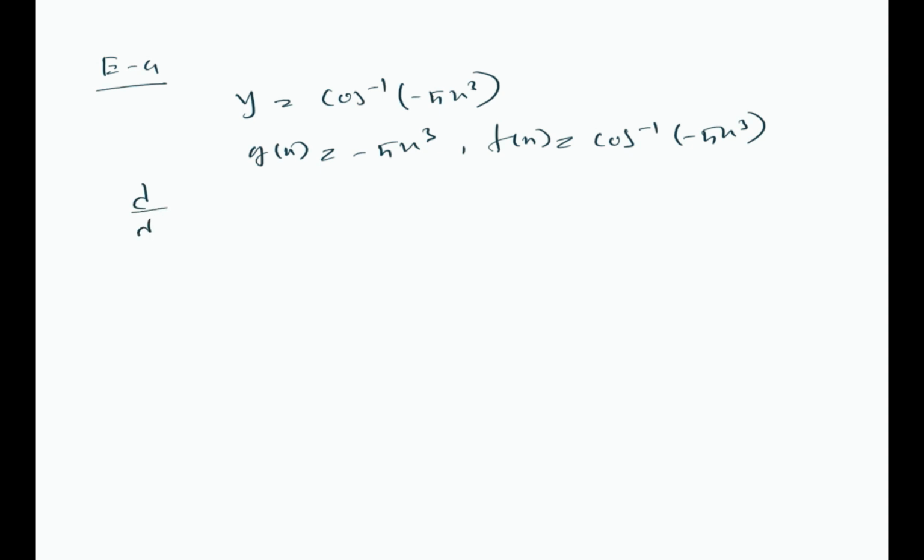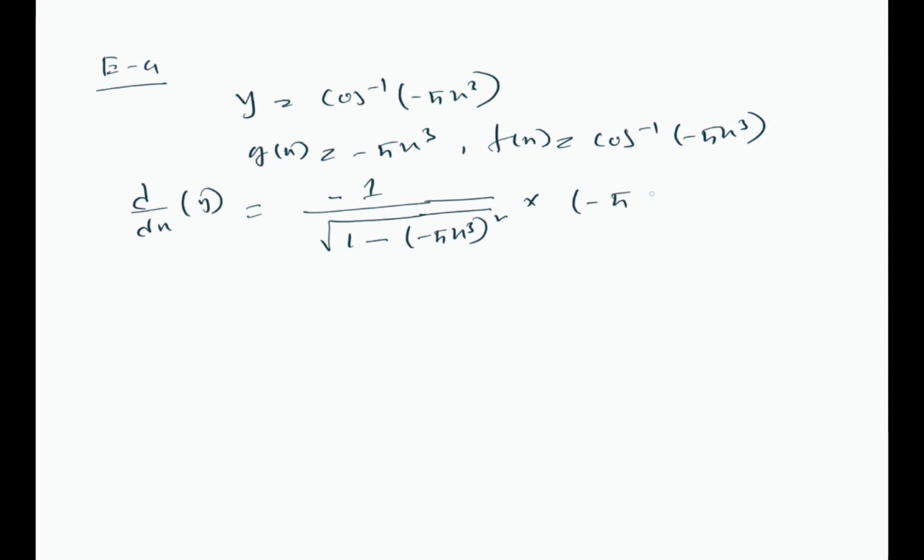So the derivative of this function, dy/dx, is equal to, first we need to take the derivative of the outside function, leaving the inside function alone. So the derivative of inverse cos of x is minus 1 over the square root of 1 minus x squared. Here it is 5x to the power 3 squared, and then the derivative of the inside function, which is minus 5.